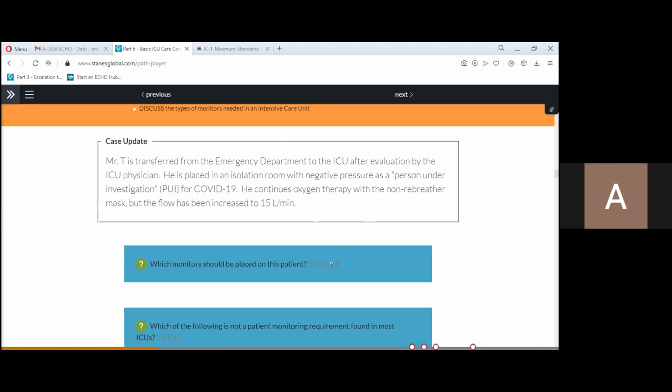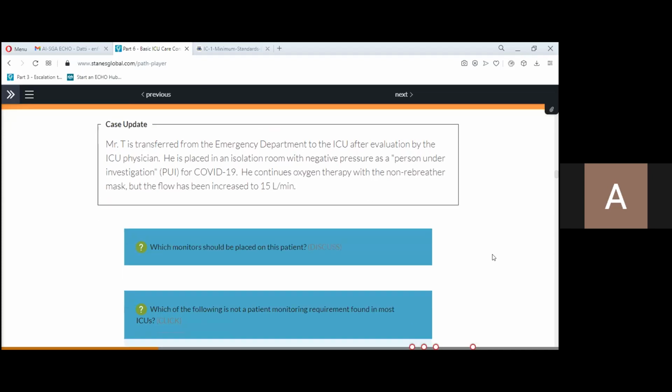I think we tried to explain, for example, pulse oximetry, why you have to use a pulse oximeter. Remember, this patient is hypoxemic and is worsening, and that's why he's in ICU. And then probably the pulse oximeter will determine when to further escalate the oxygen therapy, which will not be limited only to invasive therapy with intubation.